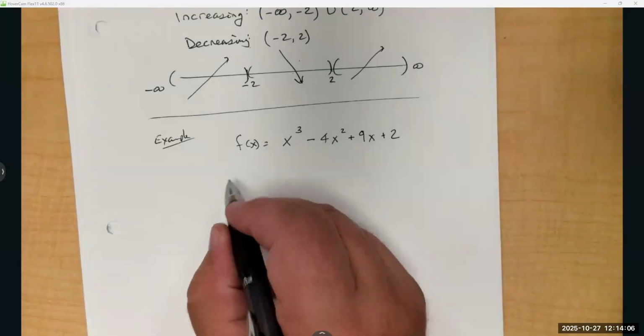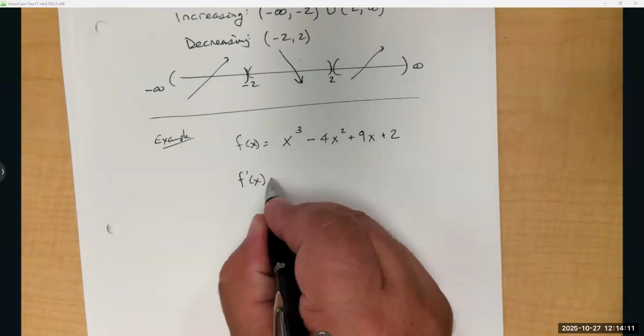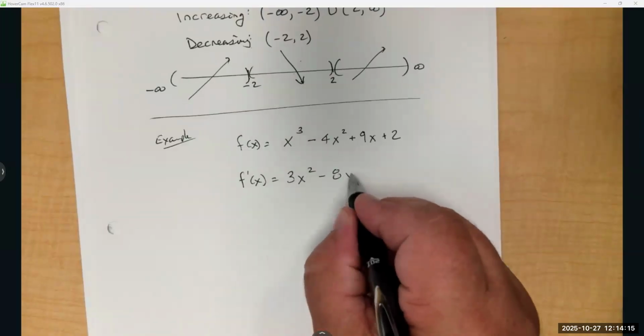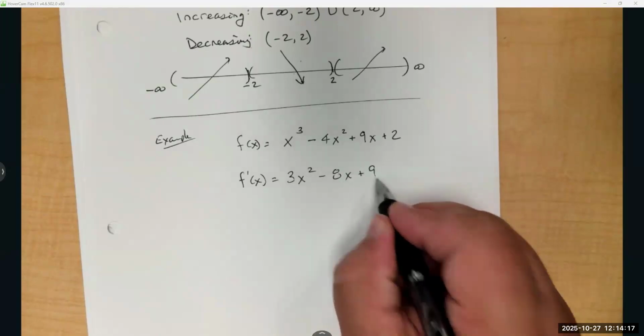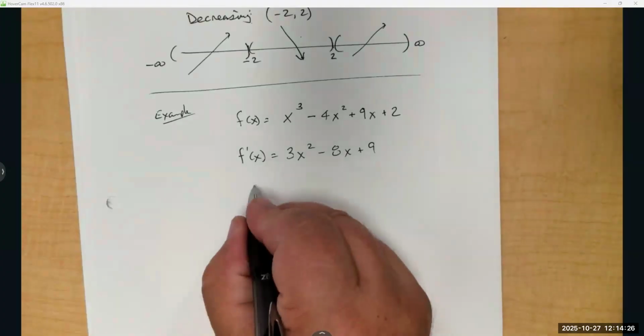The first thing we have to do is what? Find the derivative, which is 3x squared minus 8x plus 9. Then what do we do? Set it equal to 0.